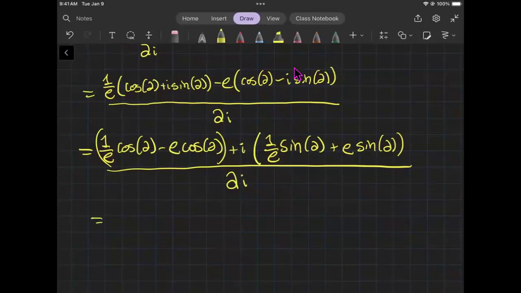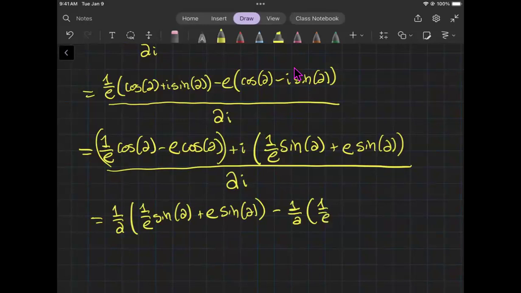So I will have 1/2 e sine 2 minus 1/2 times, okay.